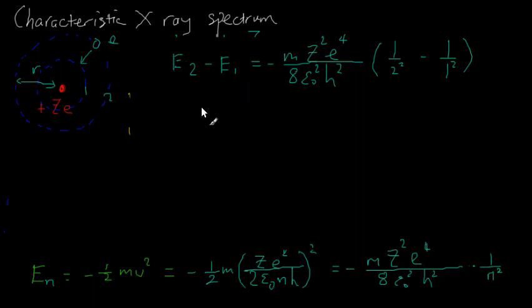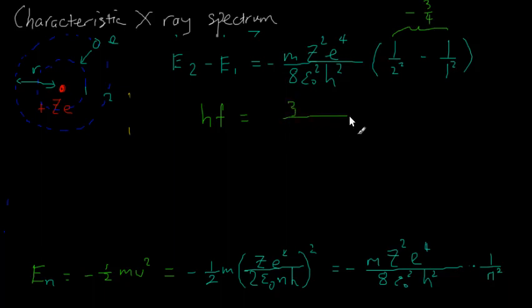Therefore, we are saying that this should be the photon energy hf. So this thing here gives minus 3/4. Multiplying by this, minus and minus cancel, and we are going to get 3.